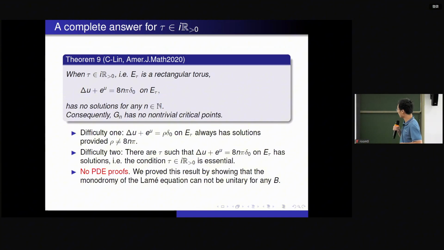And we prove when tau is purely imaginary, then the monodromy of the Lamé equation cannot be unitary. Since this equation having a solution is equivalent to the existence of b such that the Lamé equation has unitary monodromy, we can obtain the non-existence of solutions for this PDE.